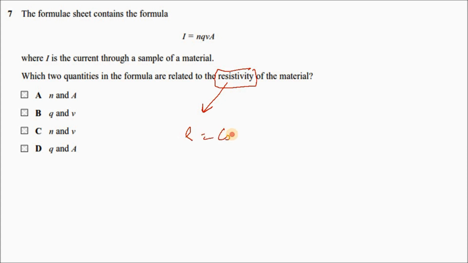Resistivity is constant for a given material. That means different materials have different rho: copper has a different resistivity, iron would have a different value, aluminum a different resistivity.